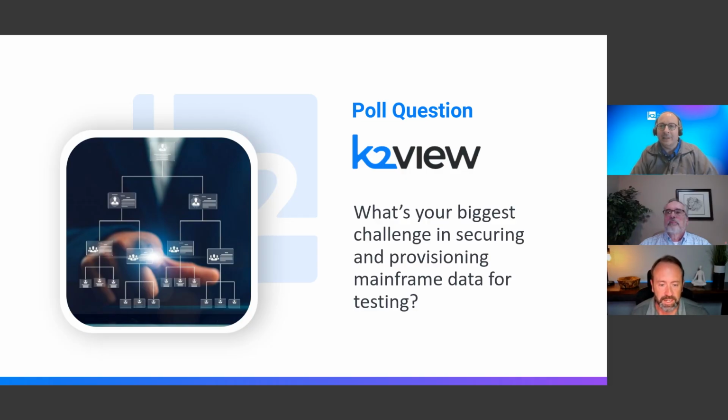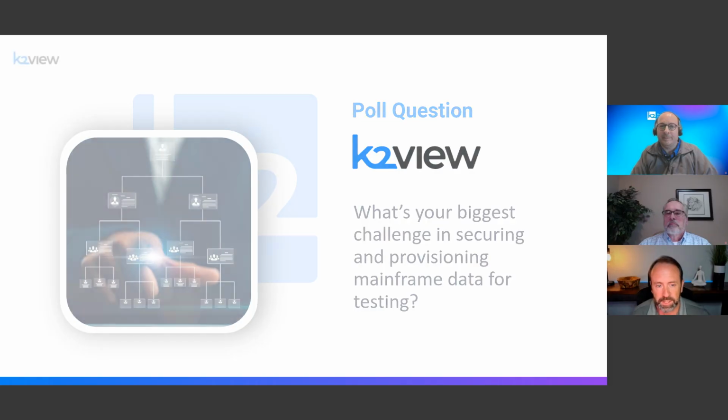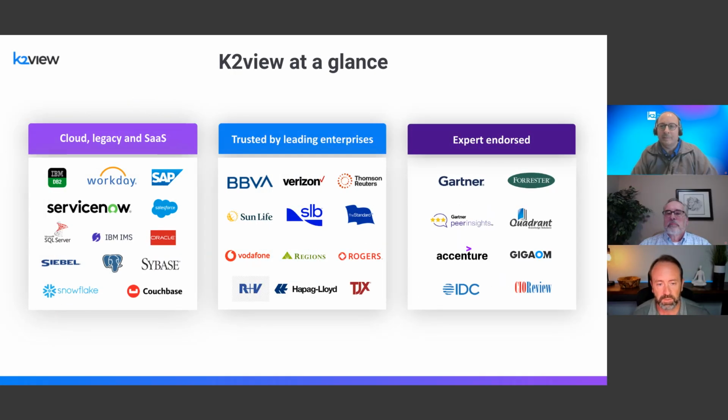Sounds good. So a bit about K2view. We have been around about half as long as Rocket, about 15 years now. And really, we originally started out in the telco industry, solving some of the most complex migration challenges for the largest telcos, who we're still working with and still helping.